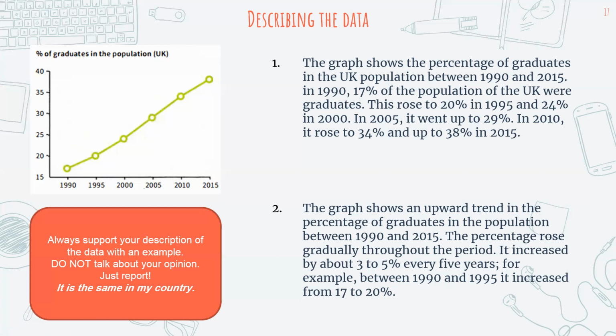Okay, let's read the second one. The graph shows an upward trend in the percentage of graduates in the population between 1990 and 2015. Okay. I think this one is better already, because I'm describing the visual representation, the visual data.